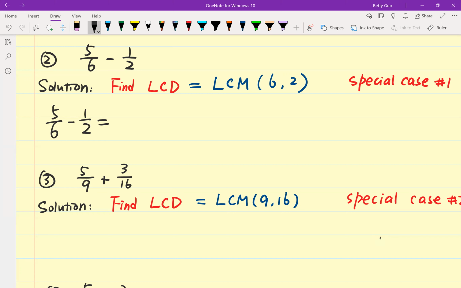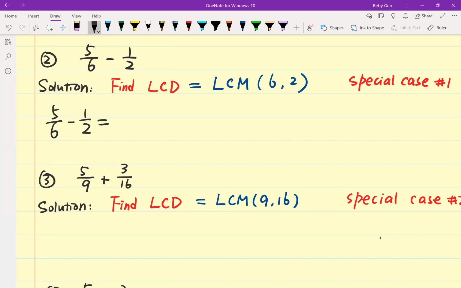Question, do the two fractions have the same denominators? No, the two denominators are different, 6 and 2.